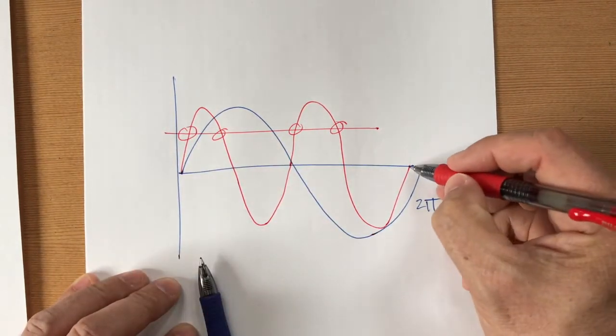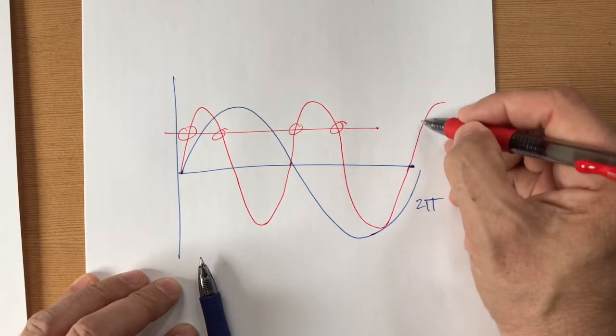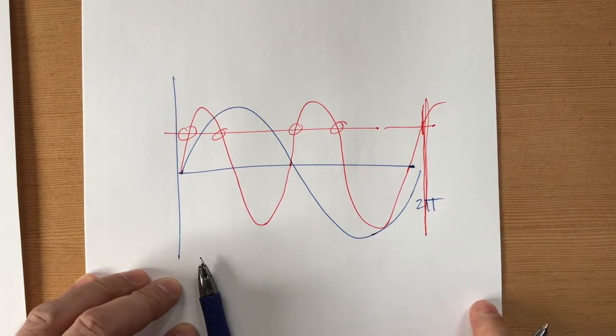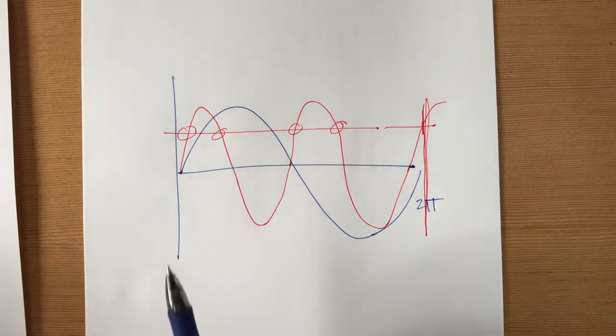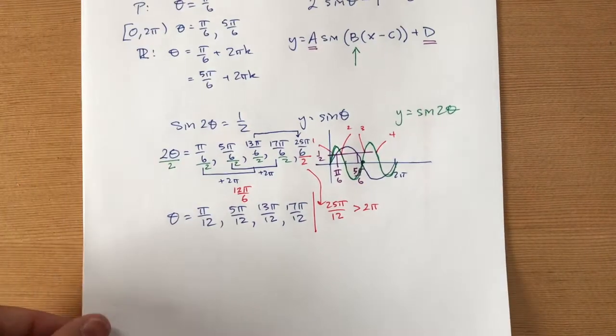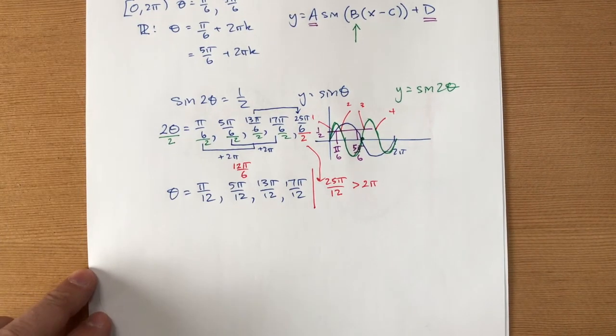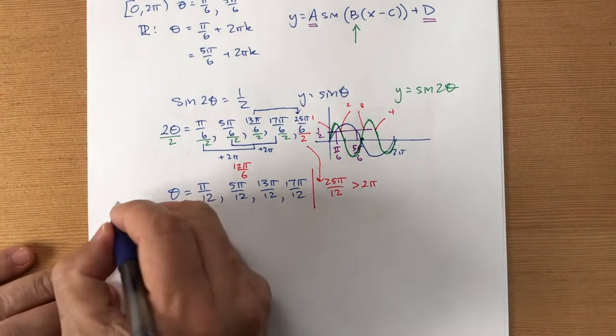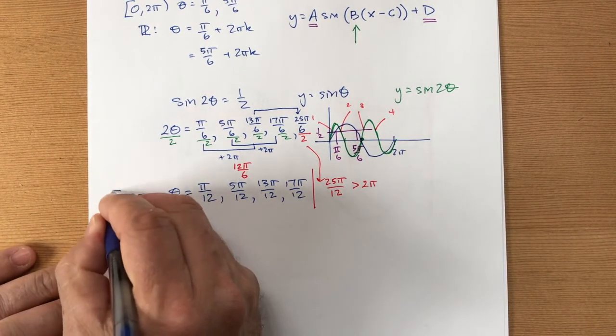The last answer I showed you was, what about if we go up a little bit more and our next intersection point is past that 2 pi? It's a little bit confusing. This is where you guys are going to want to ask questions in Zoom helps, etc. Now those are your answers for 0 to 2 pi.